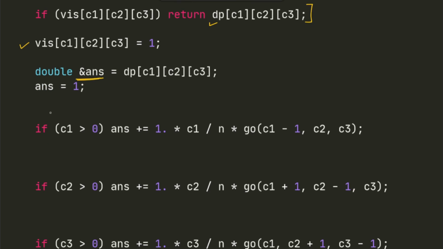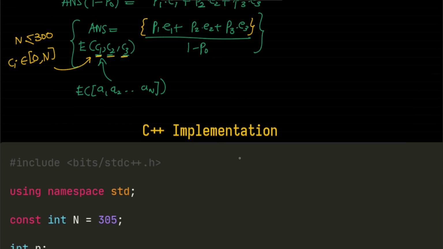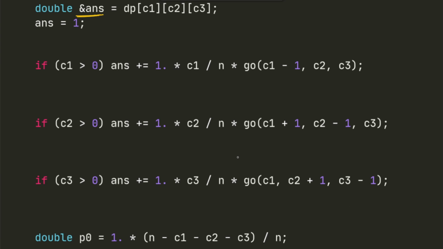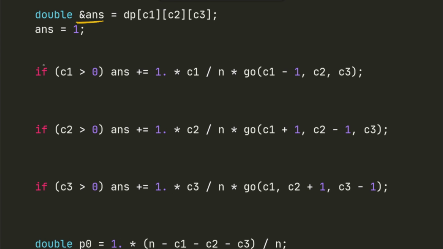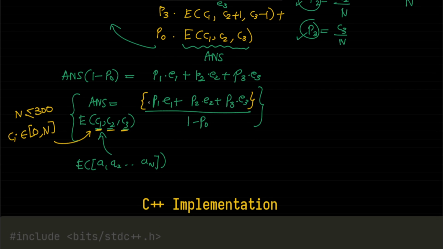Now, we will need to find out this term, which is the numerator first. So let's try to figure out how it is calculated. The first choice was that we end up at a value where it is 1, and we saw that the probability for that was C1 by n. This is what this term denotes, and the expected value for the next state would be multiplied by that, and this is added to the answer of this numerator part.